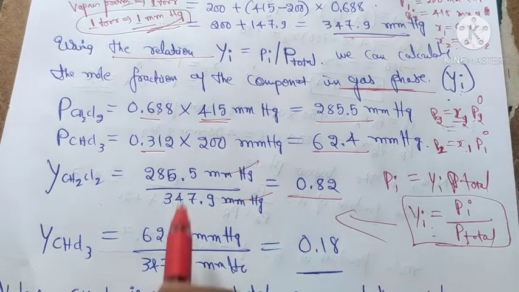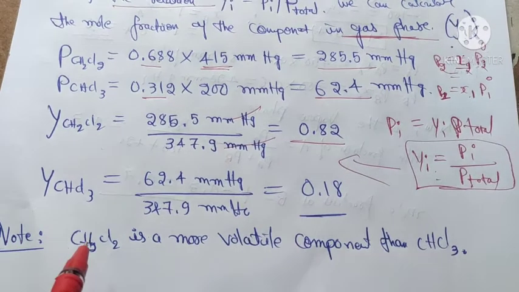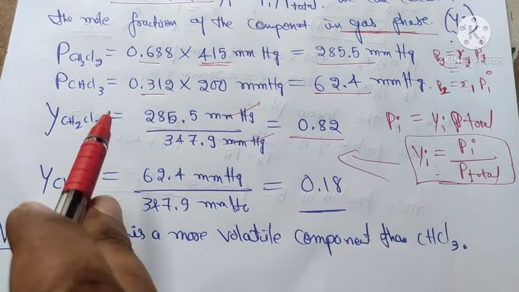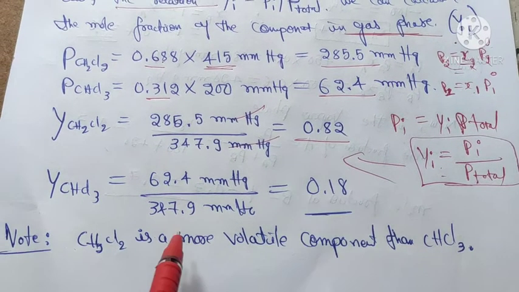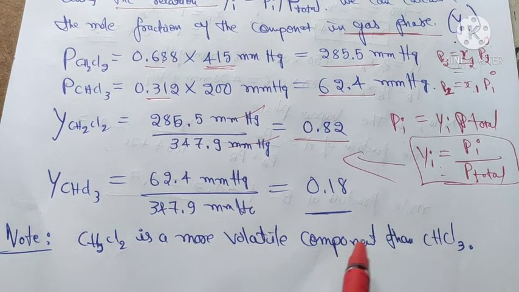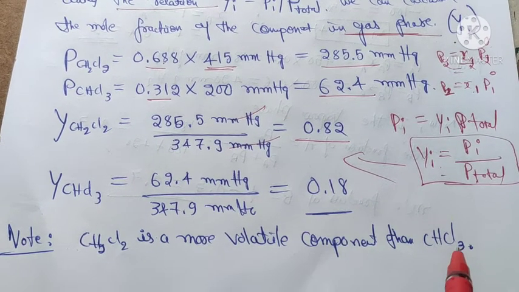So what is indicated here: CH2Cl2, with the value 0.82, is the more volatile component than CHCl3.